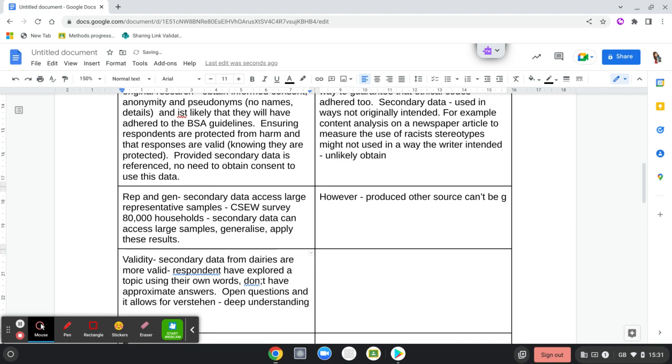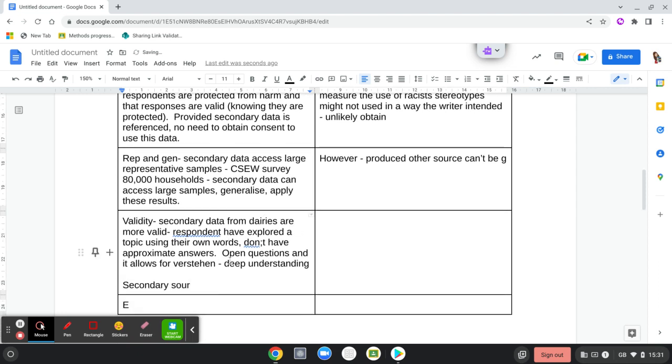Secondary data also provides understanding on a topic.